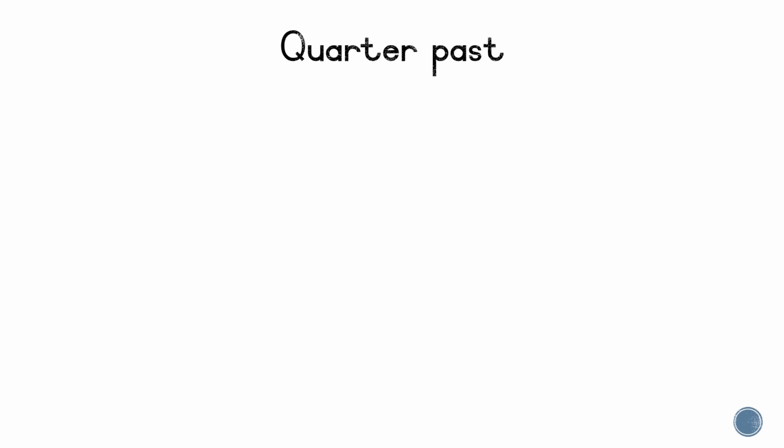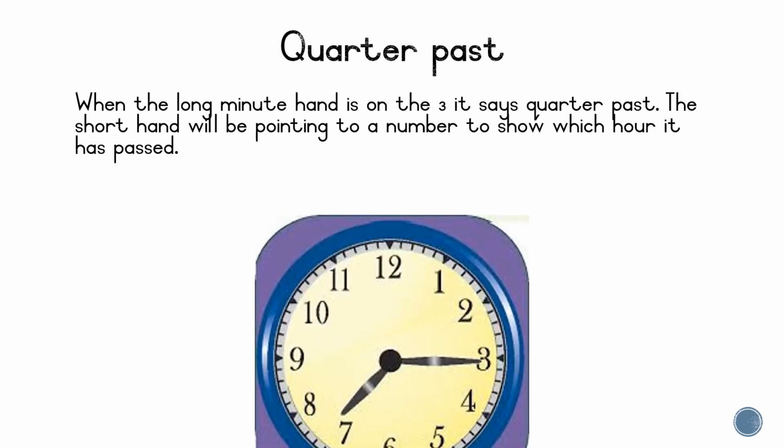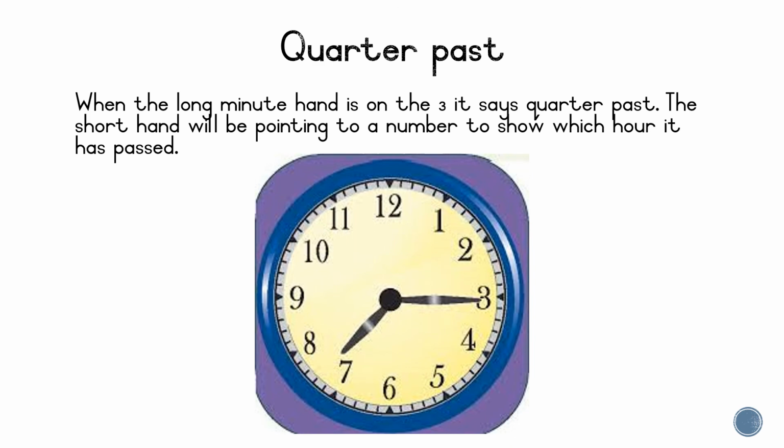Quarter past. Let's look at a clock that will show us quarter past time on it. When the long minute hand is on the 3, it says quarter past. The short hand will be pointing to a number to show which hour it has passed. Here we have a clock.